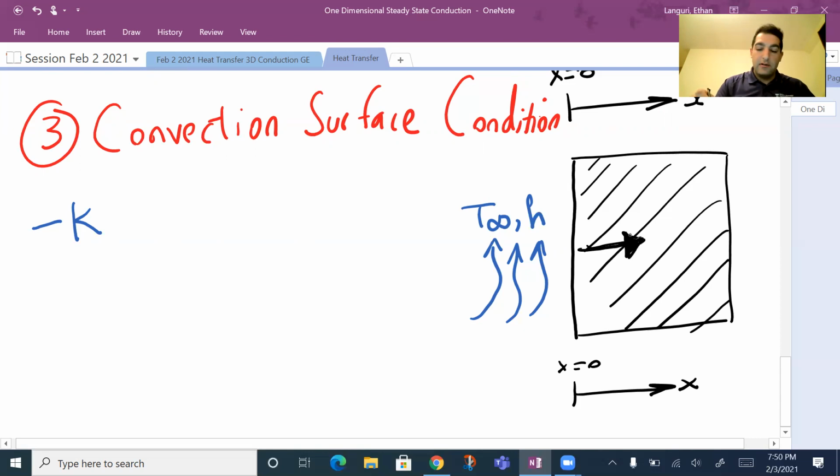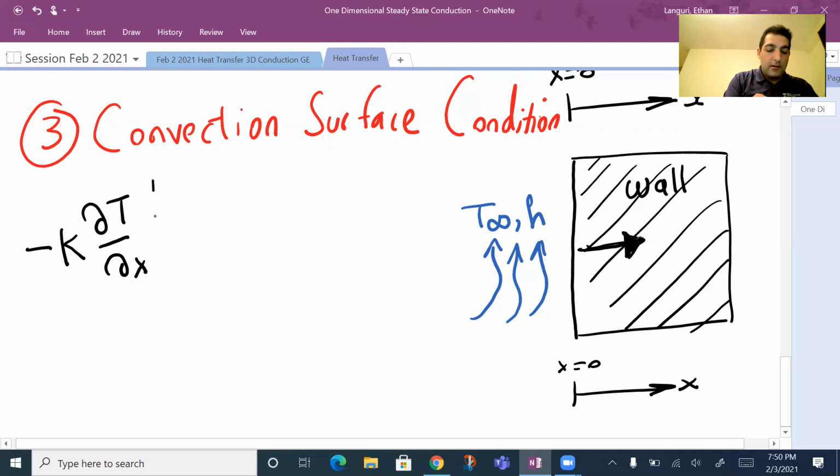So to show this heat going through my wall by conduction, by the way, this is my wall or solid material, I use Fourier's law, minus k dT/dx at x equals 0 right here.